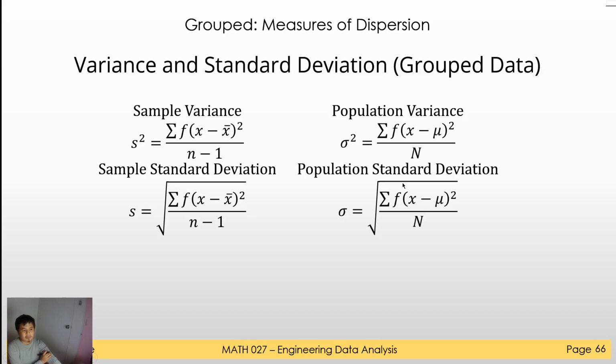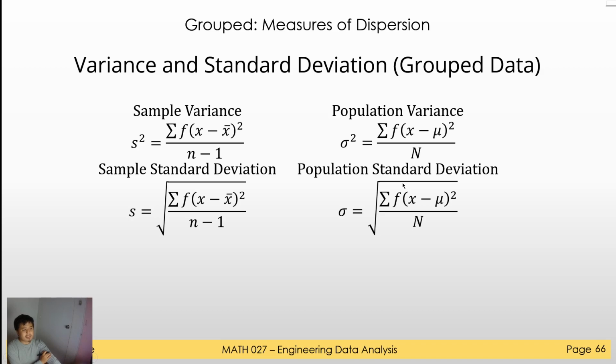If we want to find the population variance and the population standard deviation, it will be similar, but they have different symbols, though they mean the same. The main difference is that the denominator will be N, or large N, instead of n minus 1.